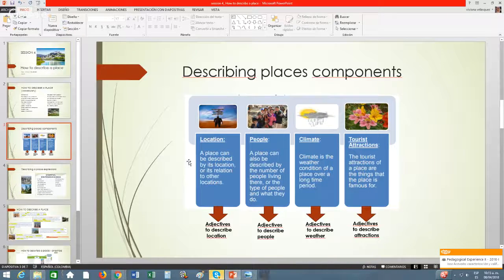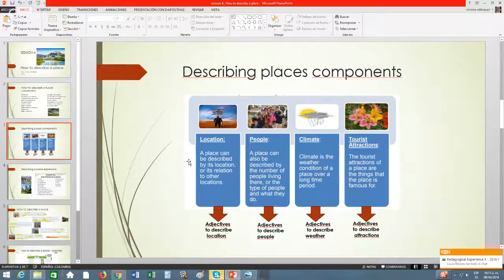So you say, for example, Bogota is in the center of the country, which is surrounded by different towns, like Boyacá, or another department, Antioquia, on the left side, right? So you have to locate a little more about physical aspects, okay?